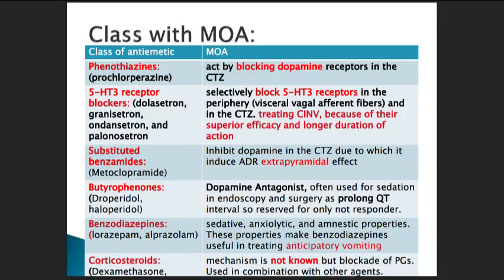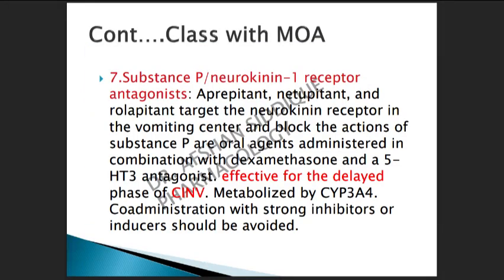The last class is substance P or neurokinin 1 receptor antagonist. The commonly used drugs in this class are aprepitant and zolpidem.